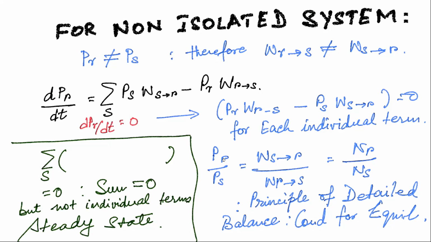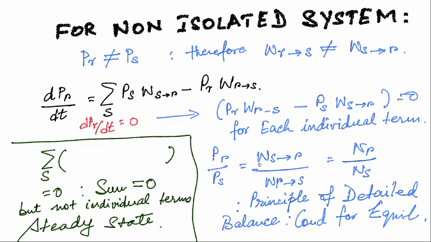And in that case, you automatically get that the ratio of transition probabilities, WSR to WRS, has to be equal to PR by PS. So basically, you're rewriting this as PR by PS equal to WSR by WRS. So this is now the principle of detailed balance.